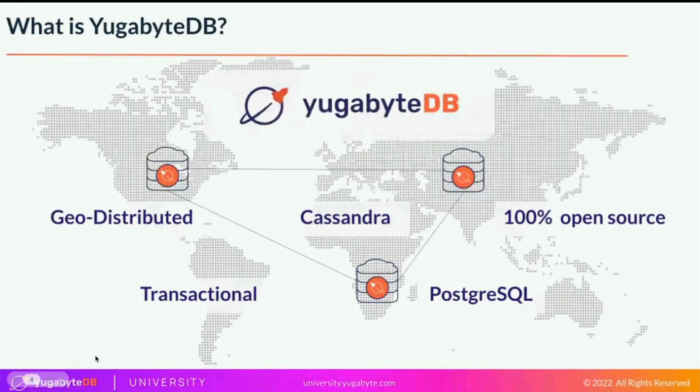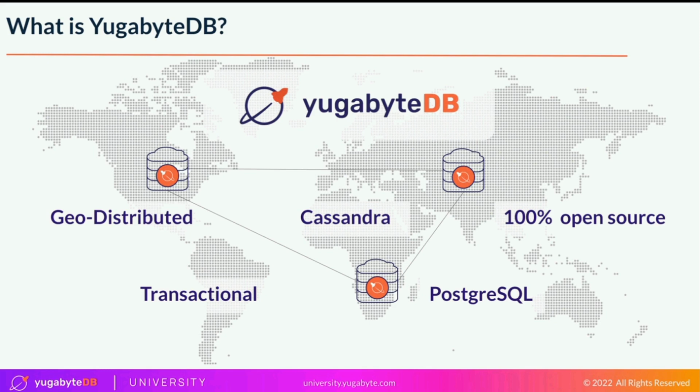So let's give some context. What exactly is YugabyteDB? YugabyteDB is a geo-distributed database for modern enterprise to use as a system of record. It's 100% open source. It's geo-distributed, and YugabyteDB supports online transaction processing for mission-critical applications.